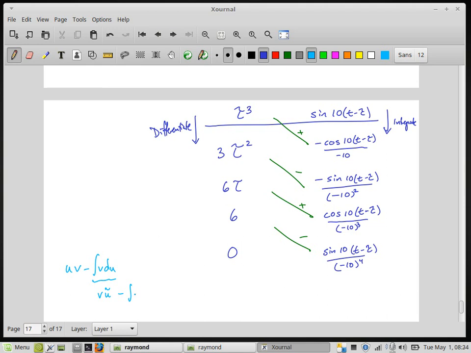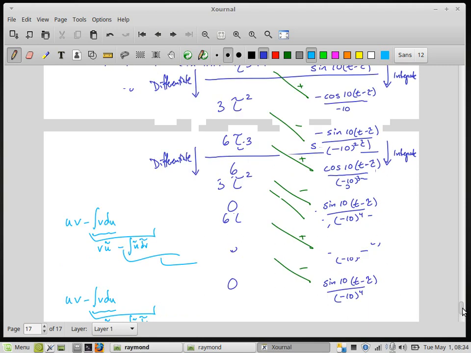Oh goodness, it's just the repeated integration by parts is going to work out. And actually all the integration has been done. We just need to evaluate.